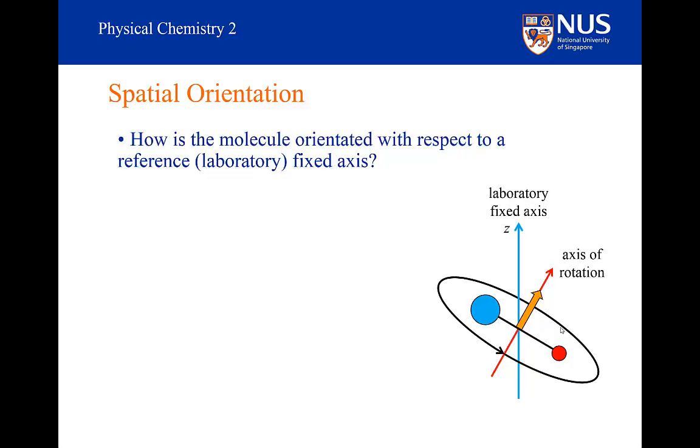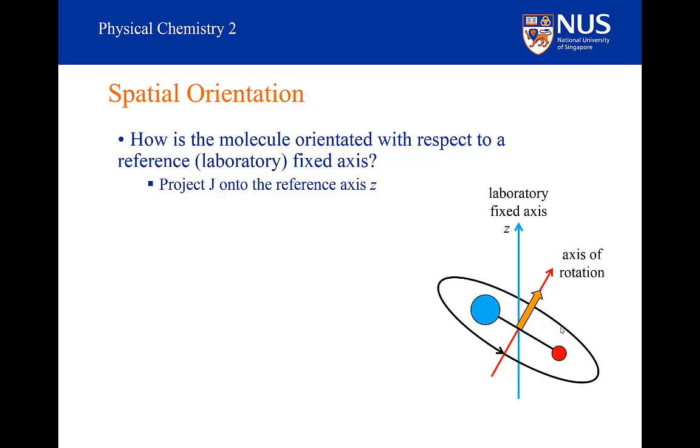I need to discuss the orientation of the angular momentum vector in space. So far, quantum mechanics has told me the magnitude of the vector, but I want to know the direction. Say I've got the z-axis, which can be defined however you want. It's an arbitrary axis. I'm going to project my angular momentum vector onto this arbitrary axis in order to tell me something about the orientation of the rotational motion.